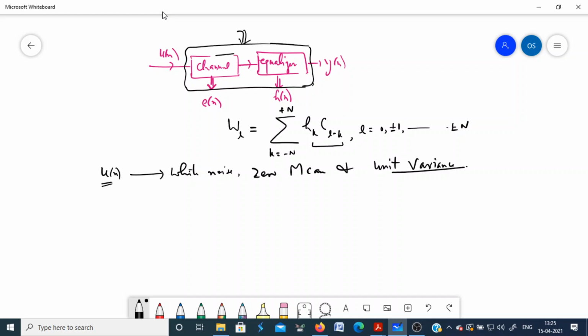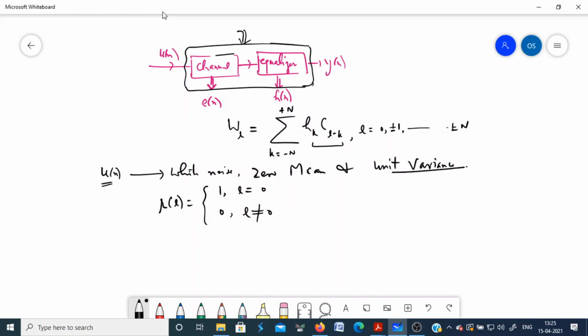For white noise, the power spectral density is constant, and its autocorrelation function, that we have seen, is basically 1 for L equal to 0 and 0 for L not equal to 0. It means no two samples of this process are correlated.